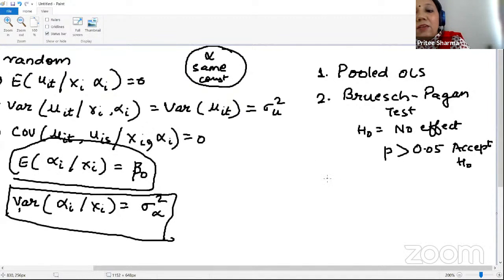If p is less than 0.05, then what do we do?